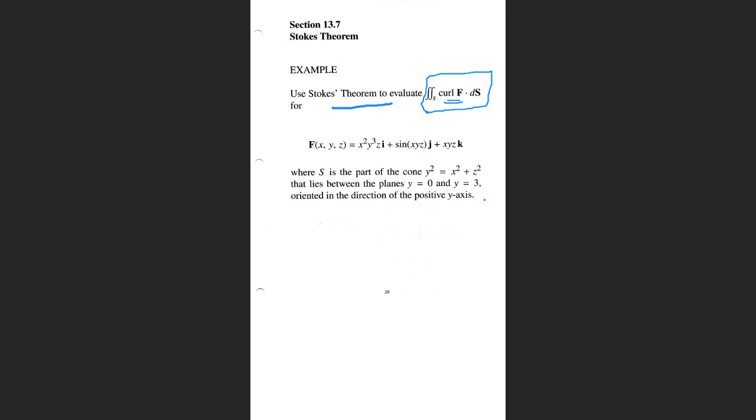The surface is the part of the cone that lies between the planes y equals 0 and y equals 3, oriented in the direction of the positive y-axis. This means that the normal vectors are protruding in the direction of the positive y-axis.